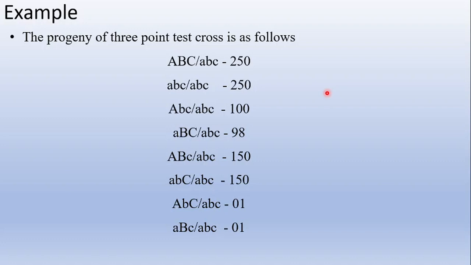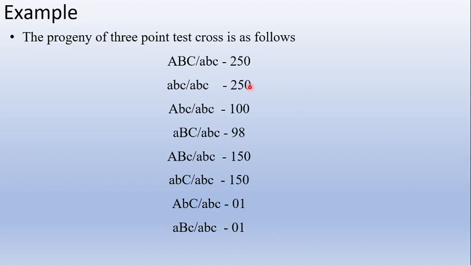Single crossing over and double crossing over both are rare, but the double crossing over is very rare. So the individuals formed as a result of double crossing over are very less.